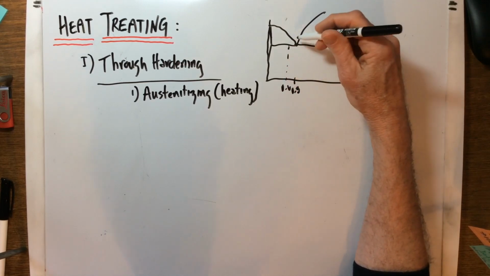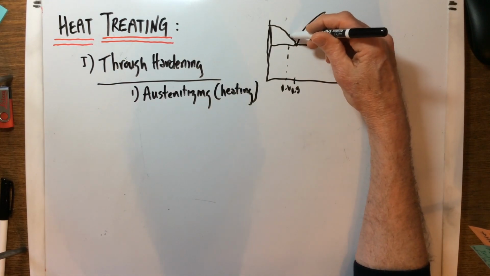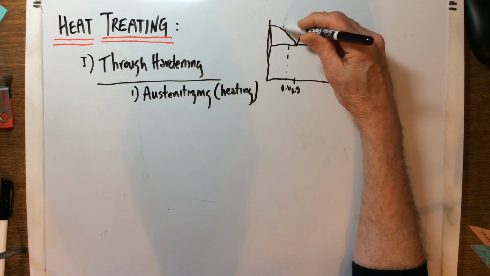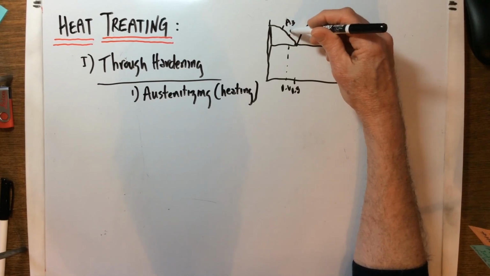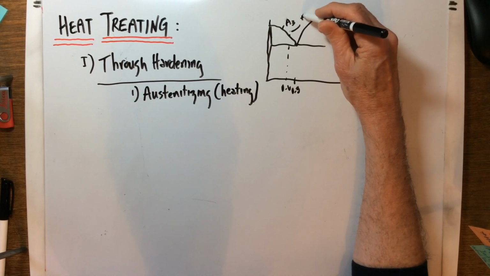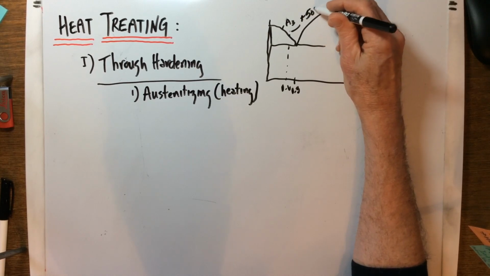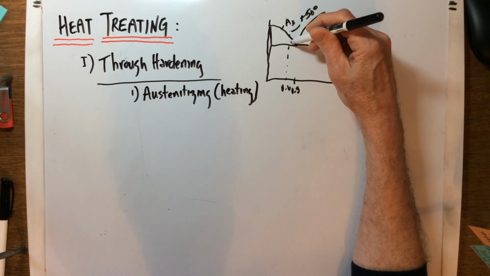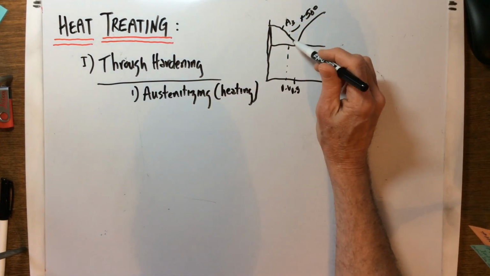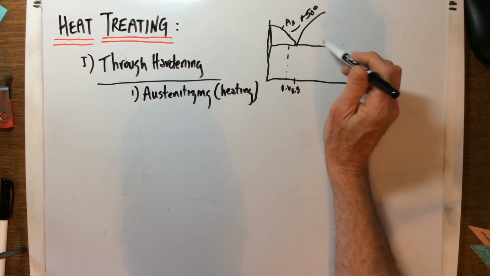We come up here. The austenitizing temperature is always going to be just above this upper transformation line, the A3 line in this case, roughly 50 degrees. So this is going to be A3 plus 50 degrees. And again, that is found back on the iron-carbon phase diagram here.